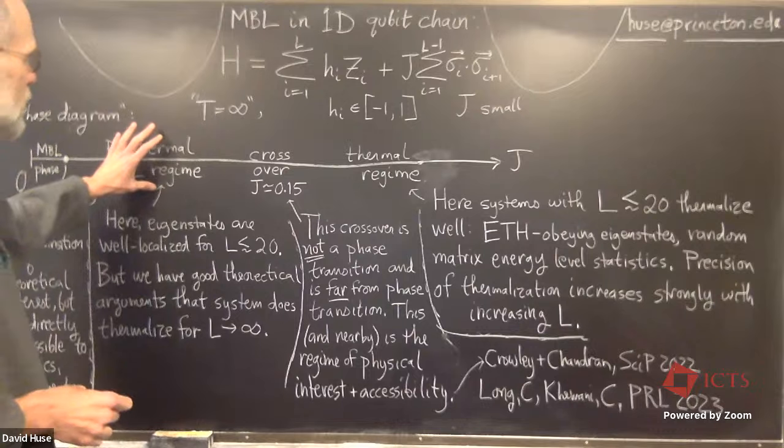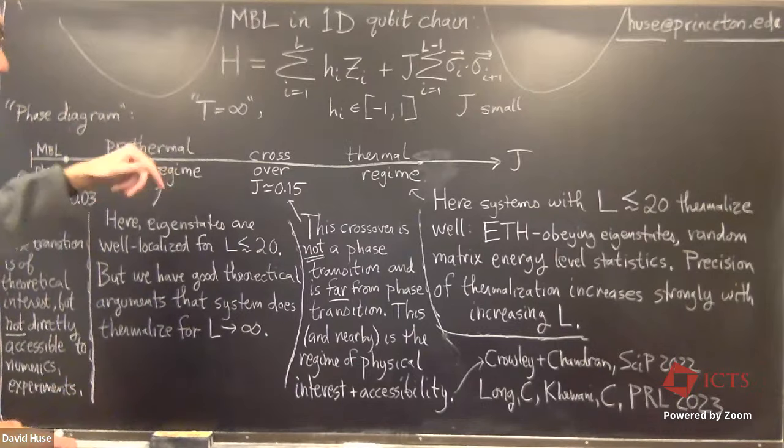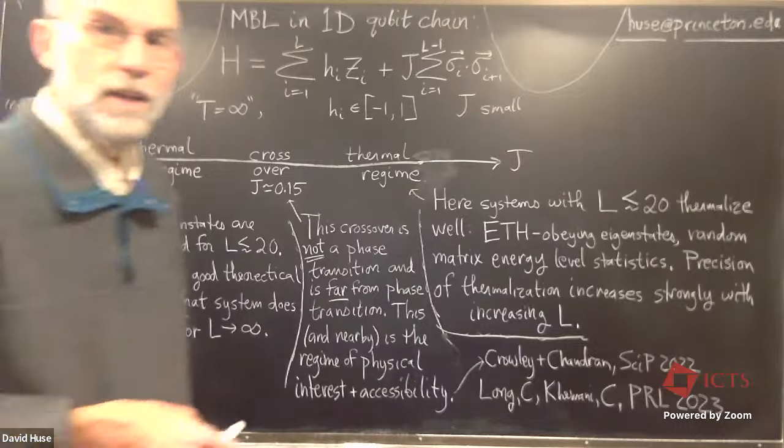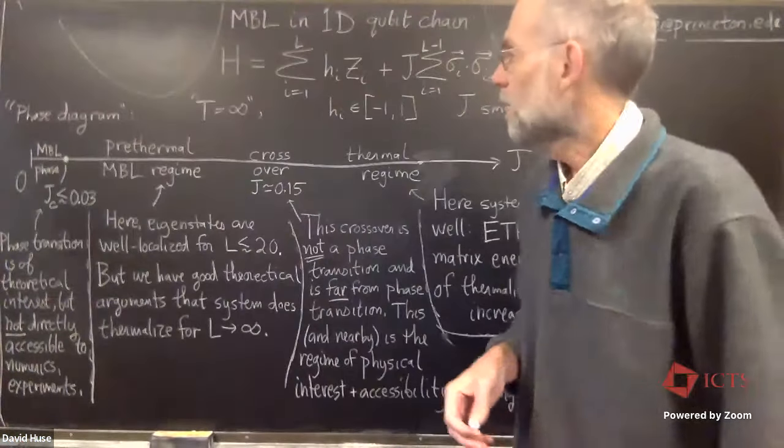And then quite recently, and I'll probably get to this later, although time might run out, we've been able to put a bound on where the phase transition is, assuming the phase transition is the avalanche transition.